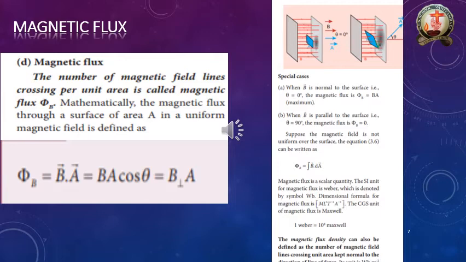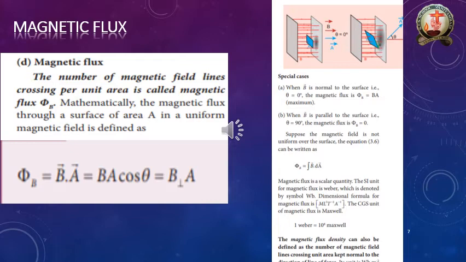So in the place of theta we can substitute 90. So phi B is equal to B bar dot A bar, BA cos theta. In the place of theta I will substitute 90. Cos 90 value is how much? 0. So phi suffix B, that is the magnetic flux, what is the value? BA into cos 90. Cos 90 value is 0, and 0 into anything is 0. So phi B is equal to 0.